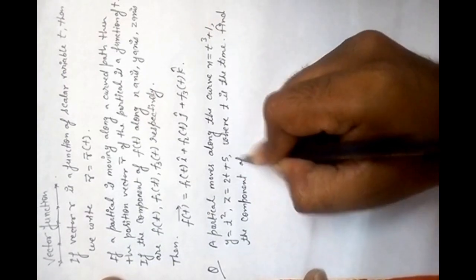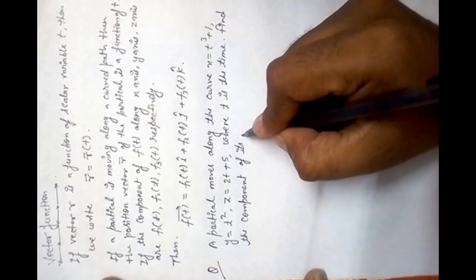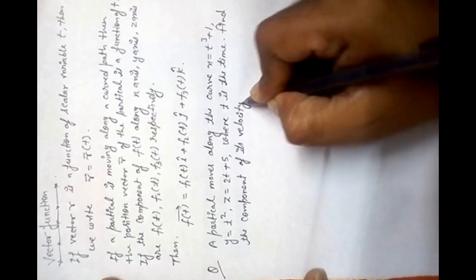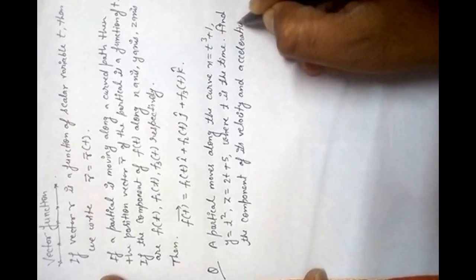Find the component of its velocity and acceleration at time t is equal to 1 in the direction 3i plus 2j plus 2k.